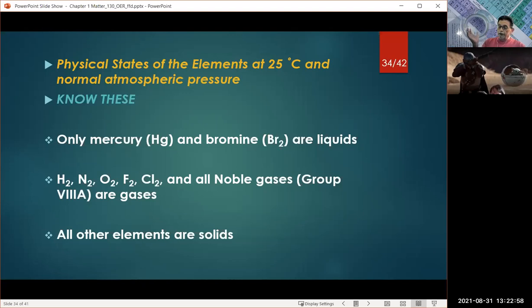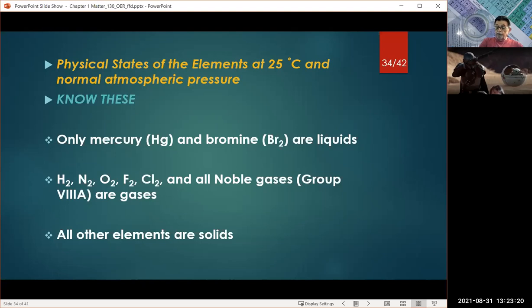Right now, here, it is 1 atmosphere of pressure, okay? The physical properties can change if you decrease the atmospheric pressure or increase it. So under these conditions, there are only 2 elements of the 118 that are liquids.